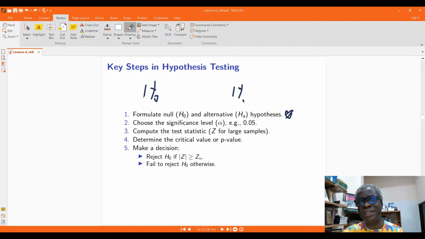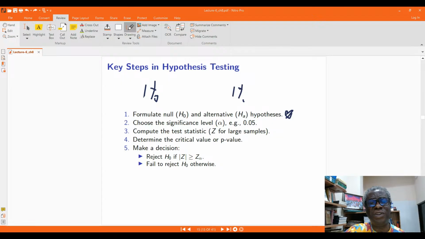The formula depends on whether you are computing for the mean, or for the proportion, or for the differences between two means, or differences between two proportions. So you will see the formula in subsequent slides.